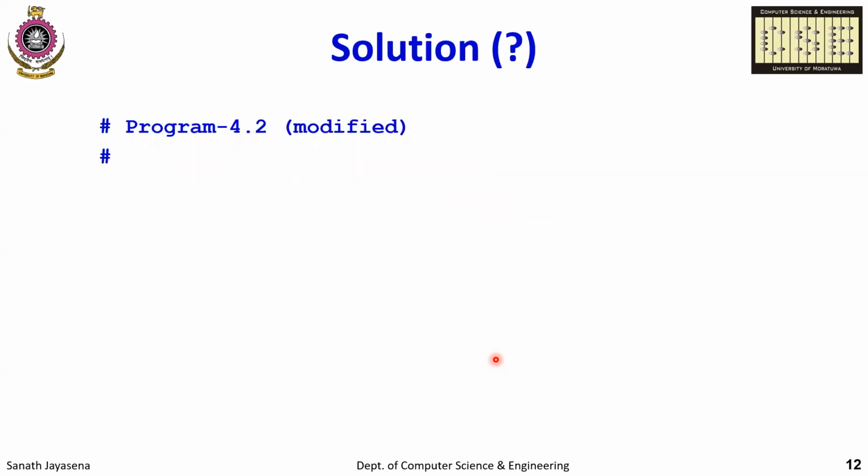And here's the solution. If you read the notes carefully, you will notice that we also gave something that looks like a solution, but here we indicated a question mark because, just like the code example in the notes, program 4.2 is actually not correct.